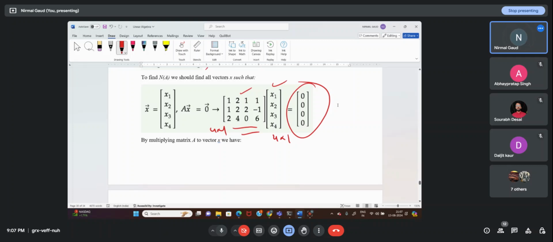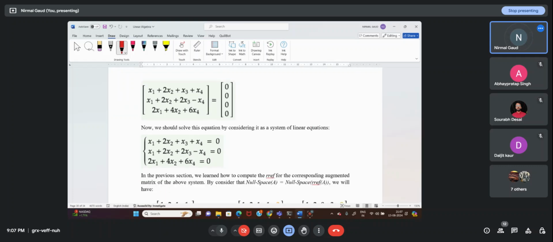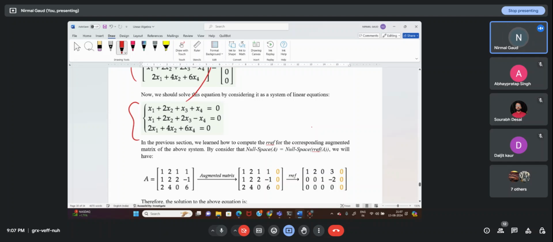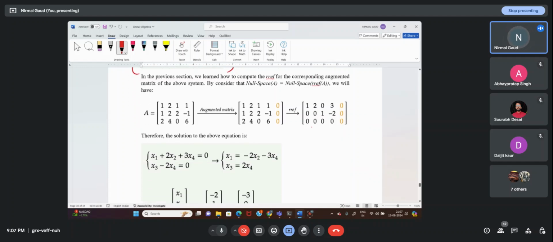I got this as a result, and then I can convert it into a system of linear equations, and then into an augmented matrix. Try to solve it as we do for augmented matrices. Apply all the row transformations and see how many zeros you can make. Here the last row is completely zero, and these two are zero. Okay, I got this.